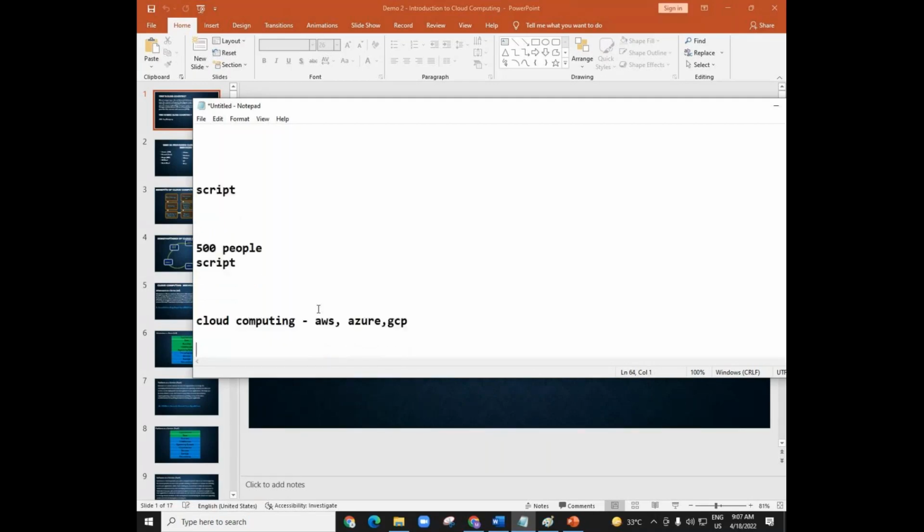Then you can go with AWS with DevOps. Whether you're from a .NET background or Java or whichever background, this will help you a lot.